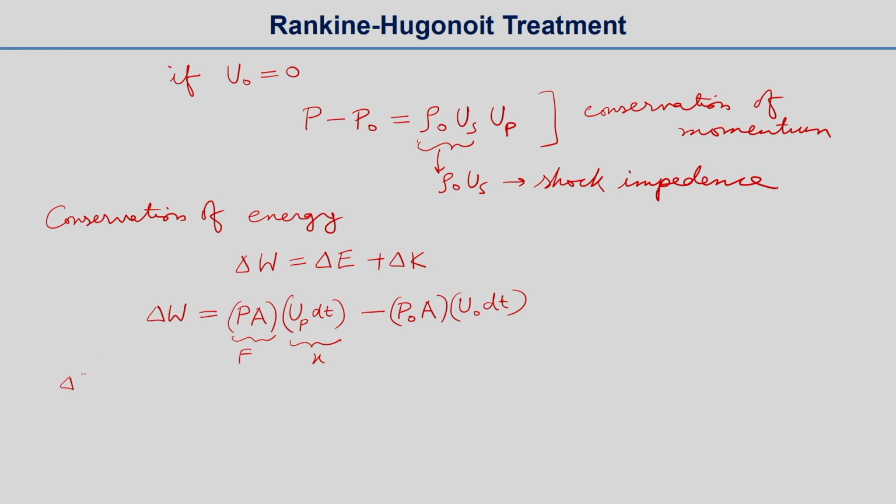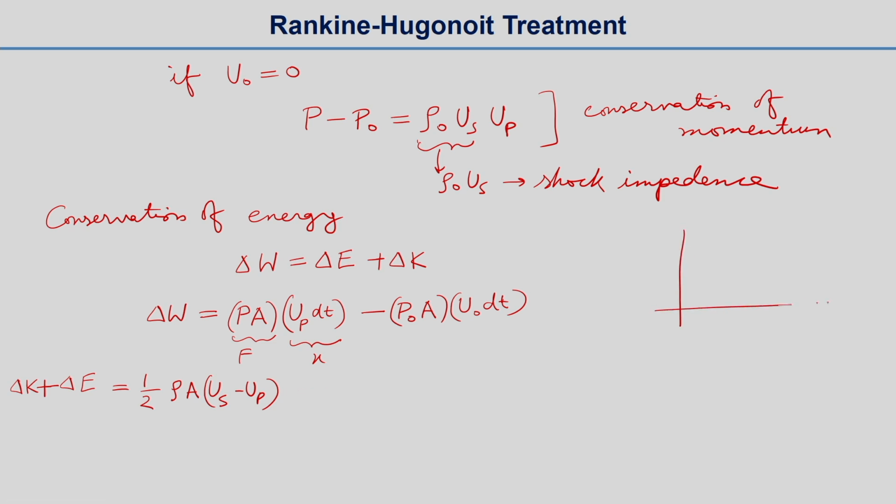Then about the difference in total energy, which we can write as delta K, kinetic energy, and delta E, internal energy, which will look like half of rho A (Us minus up), the apparent velocity of the particle moving away from the shock front, that is going behind, towards the left side of the shock front.